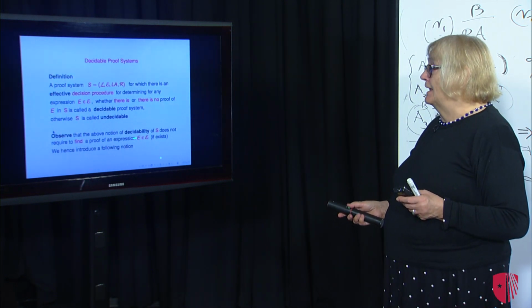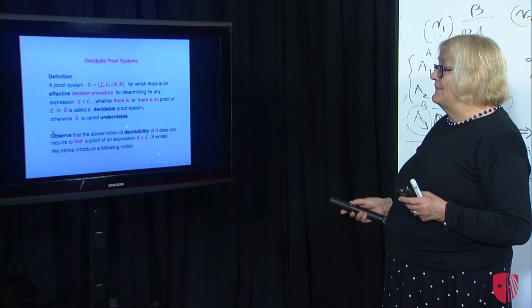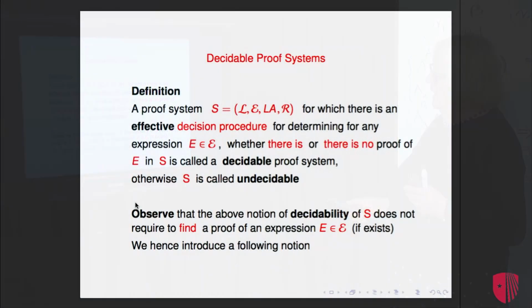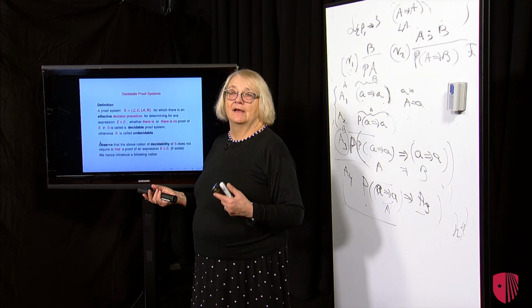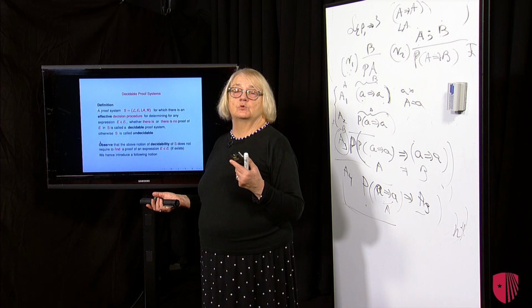But this decidability does not require finding the proof. It just requires some decision. For example, when you take propositional tautologies, I can semantically decide if that formula is a tautology or not.